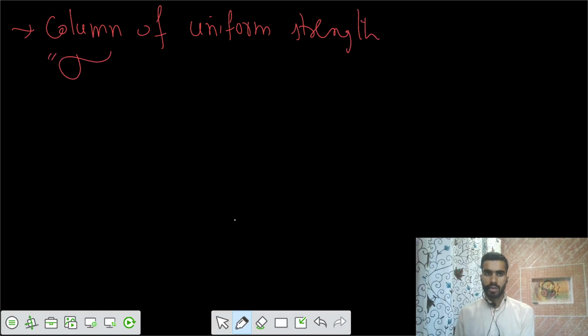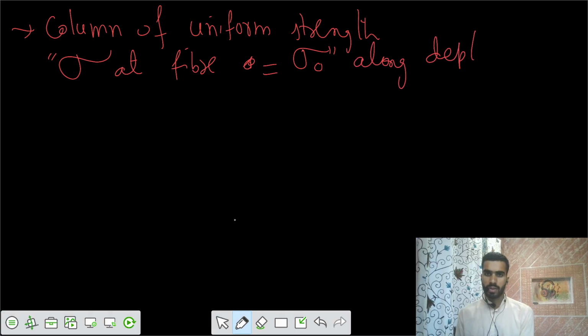That means the stress at each fiber is the same. Let's say the stress at each fiber along the length is equal to sigma naught. That's along the depth, I would say, because the column is along the depth. So for each section, sigma is equal to sigma naught, that is constant. So we have a column of uniform strength.